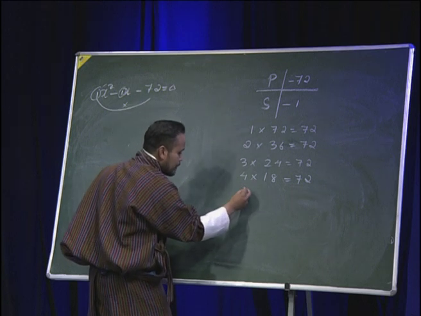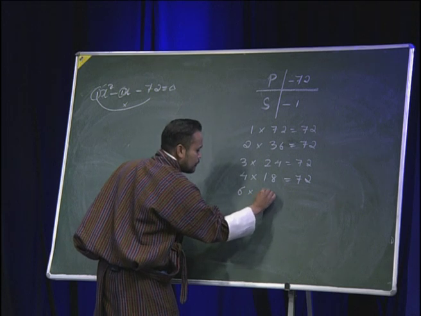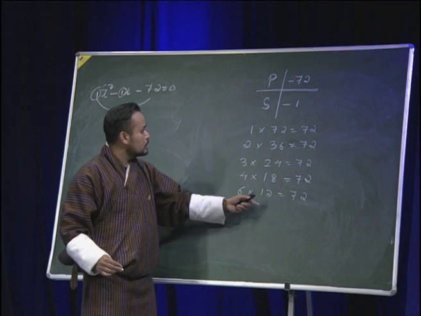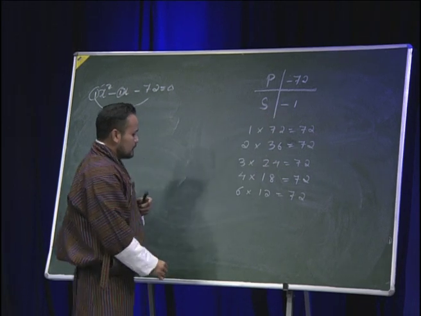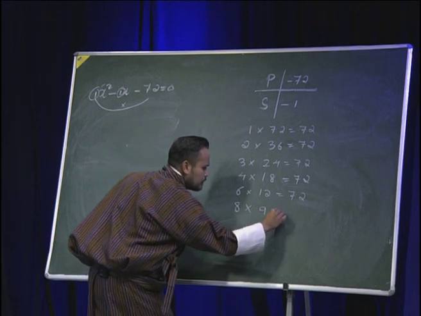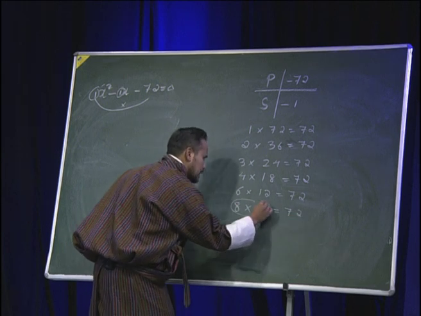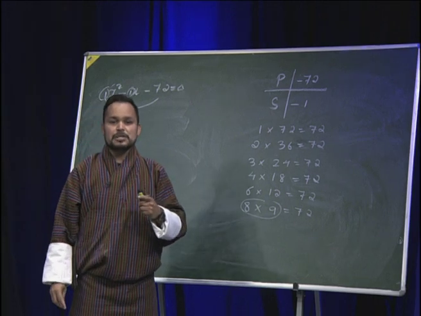So 6 times 12 is equal to 72. Can you use these two numbers to get negative 1? Still no. Now let me proceed. 8 times 9 will be equal to 72. Now you check these two numbers. Can you use these two numbers to get negative 1? Yes, you can use these two numbers.